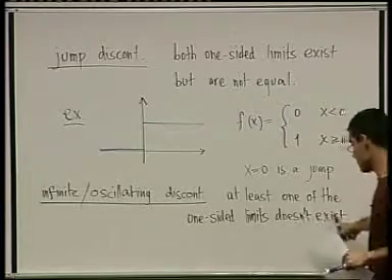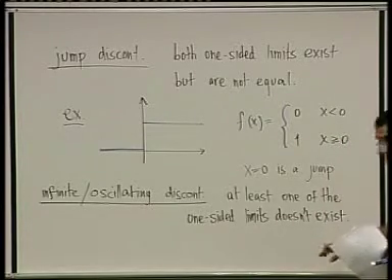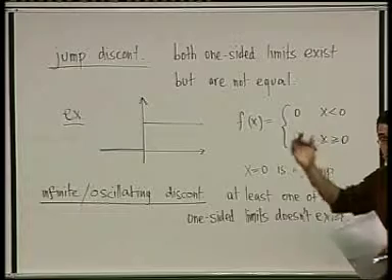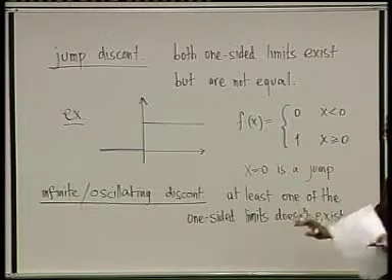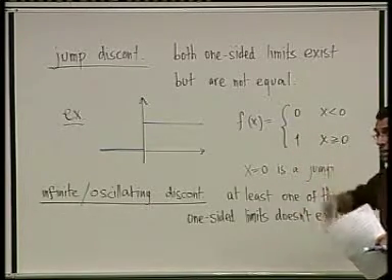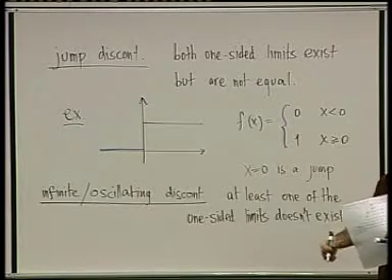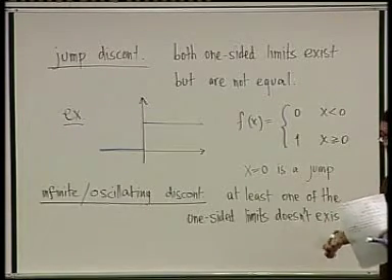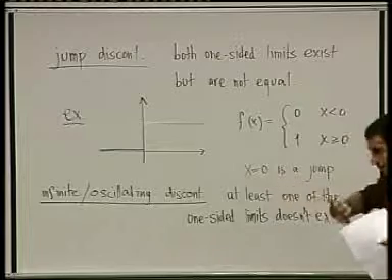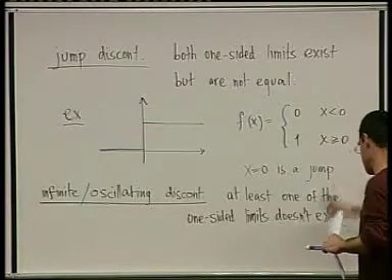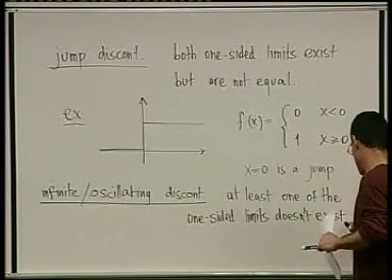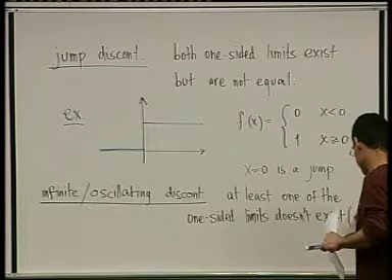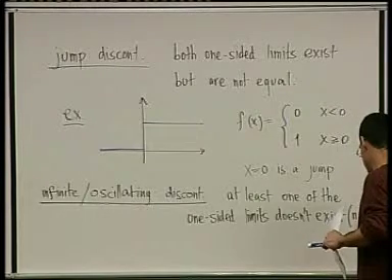When I say doesn't exist, I mean in the finite sense. So if the limit is infinity, we said this several times throughout this course, when we say a limit exists, we mean it's finite. And when it's infinite, I'll emphasize that, it doesn't exist, or is not finite.